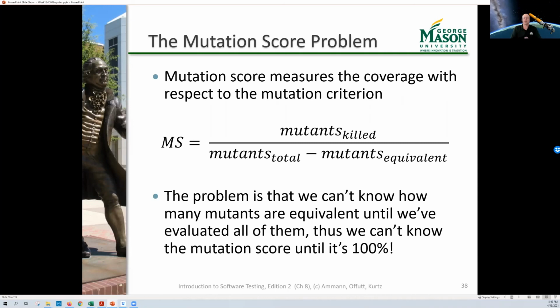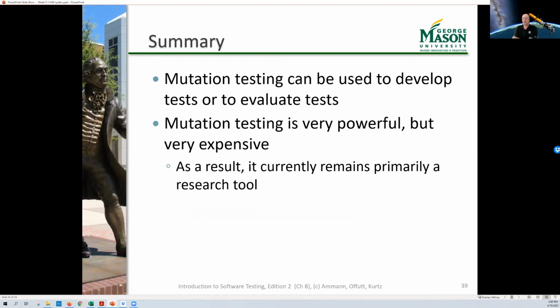Because until I'm done, I don't know what that denominator is. So this is a serious problem because it prevents you from setting any kind of threshold. Well, I'll stop when I get to 80%. All right, well, that sounds reasonable, but how do you even know when you're at 80%? And the fact is you don't.